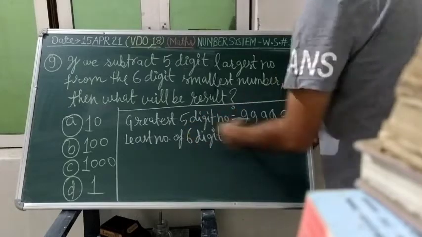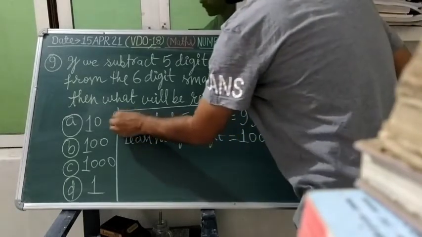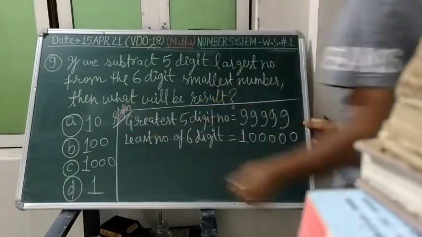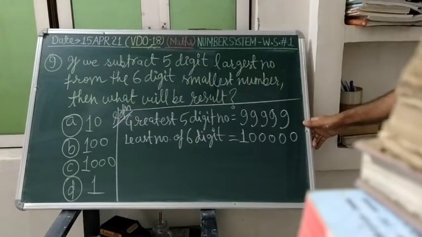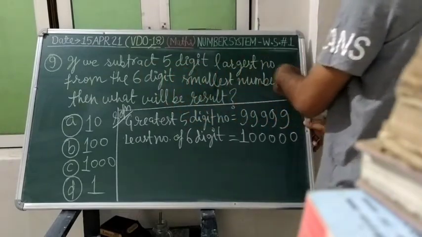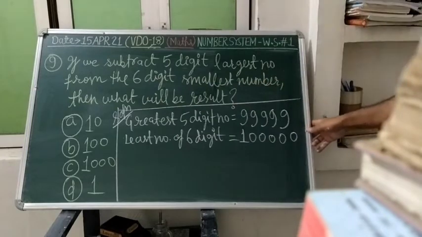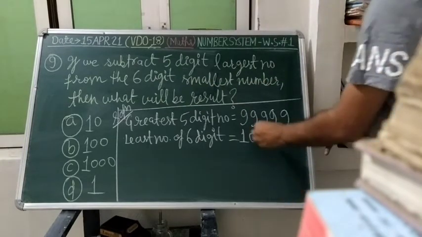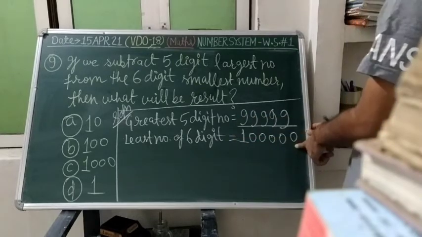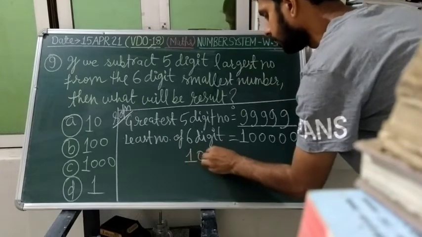So the greatest number of 5 digits will be this, and the least number of 6 digits will be this. And what are they saying? Subtract the 5 digit largest number from the 6 digit smallest number. So which number will you subtract from which? You will subtract this from this.